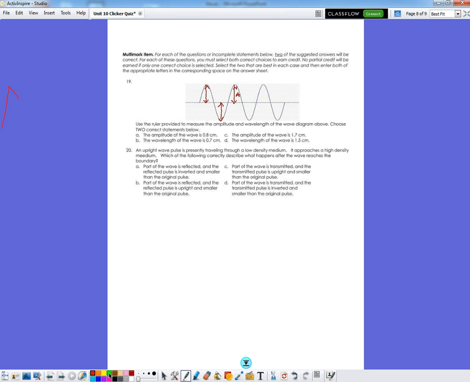Let's put it green. Wavelengths, you can start anywhere. It can be from crest to crest, or if you start here, it should end up here. Okay, so when you measure using your ruler, you should be getting that the amplitude is 0.8 centimeters and the wavelength is 1.5.